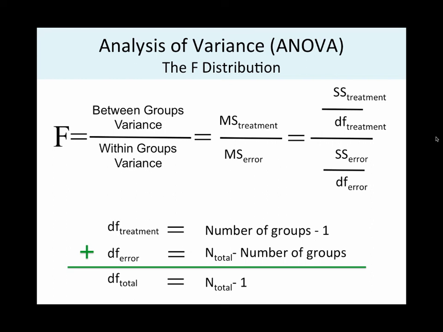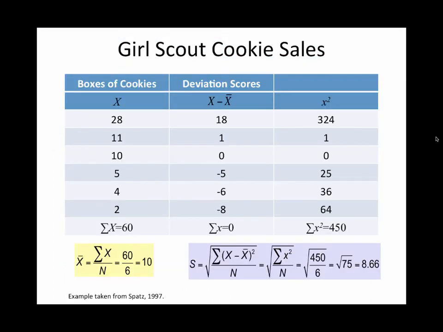And a quick reminder that we have been computing sums of squares all along in this course. Just to go back to one example of the Girl Scout cookie sales, the final column was the square of each of the deviation scores. And recall that a deviation score is a participant's raw score minus the average.